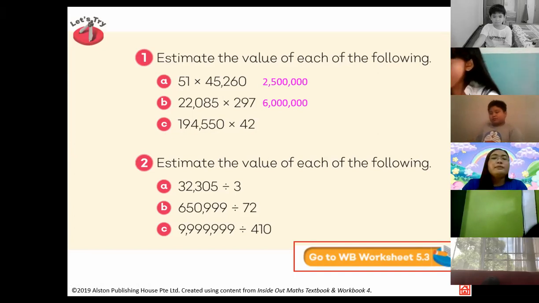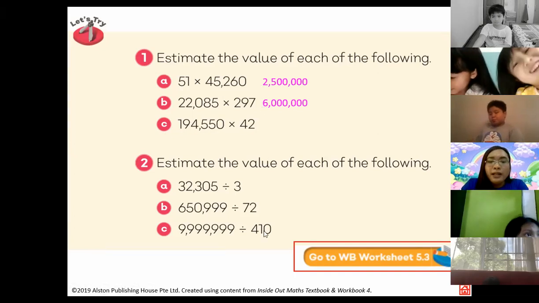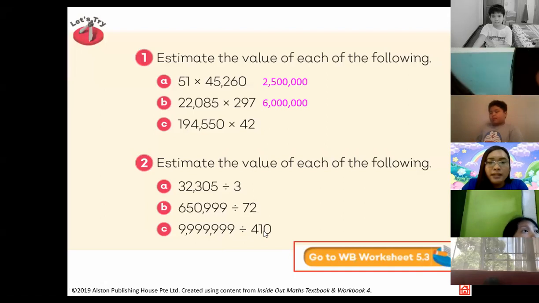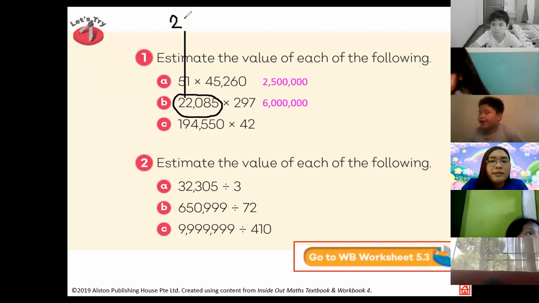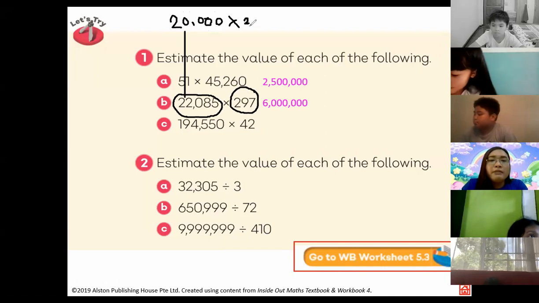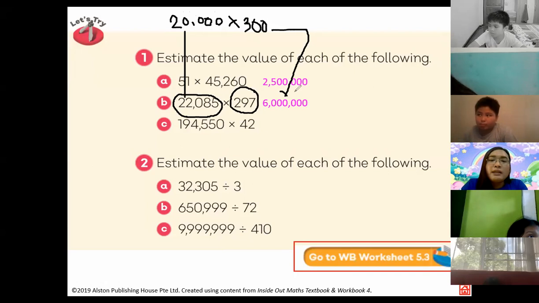So this one will become 20,000, and then 297 will become 300. So if you multiply 20,000 times 300, that's 6 million. Okay, next.